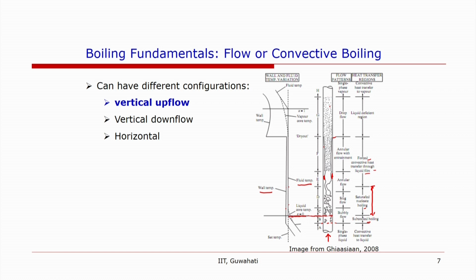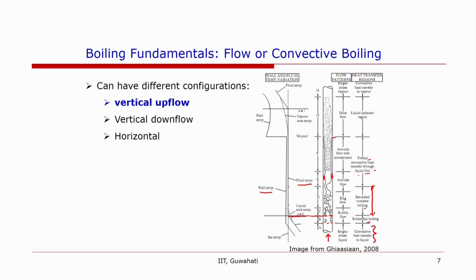Okay, so we have different flow regimes in terms of boiling heat transfer. The first is convective heat transfer for liquid, just single phase. Then the bubbly flow starts during the subcooled boiling, and as the boiling increases further, we have saturated nucleate boiling, and nucleate boiling generally happens for the slug flow and bubbly flow regimes.